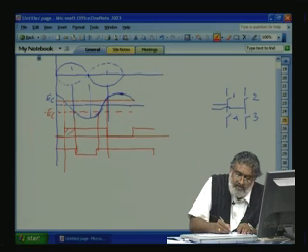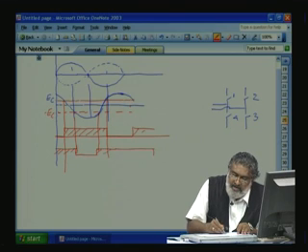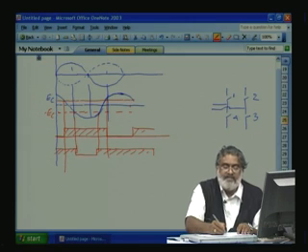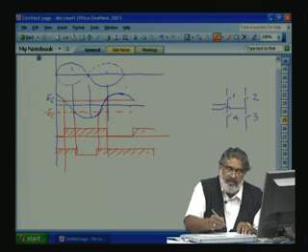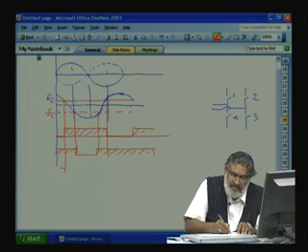That means whenever we are comparing EC with our cosine waveform, all these positive going points will generate a pulse.